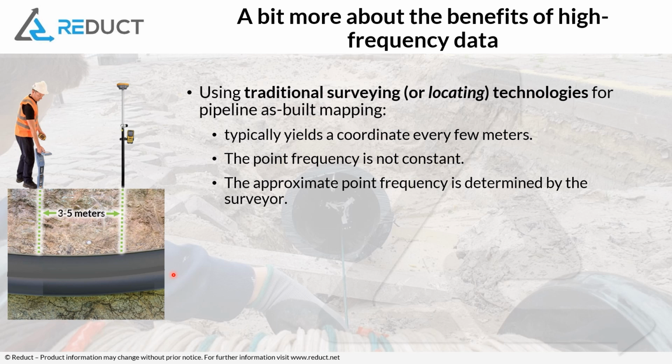It is more difficult to get. The ground conditions are sometimes the reason why a regular frequency is not possible. So the surveyor determines the frequency depending on the situation in the field.